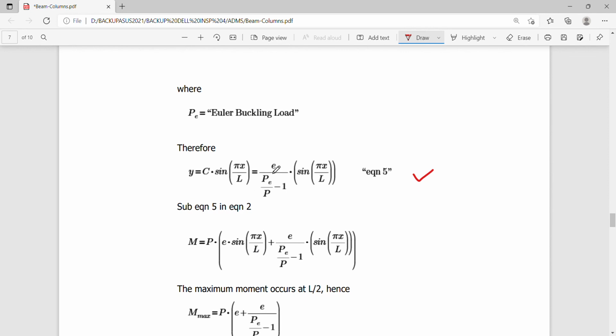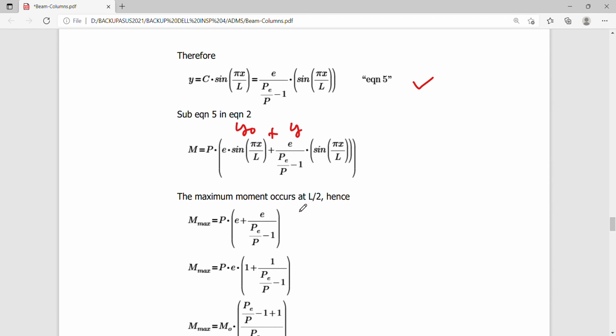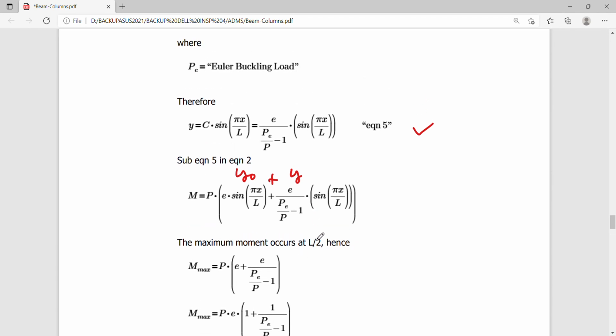Hence, your y now is simply this times sine pi x over L, and we substitute this equation into equation 2, our moment. So remember this is the yo plus y. Okay. So the maximum moment now occurs at L over 2.